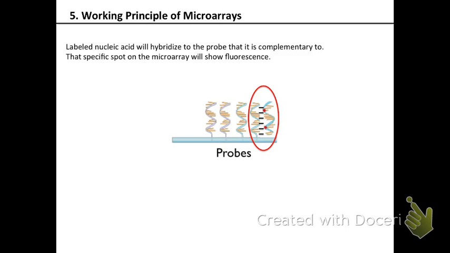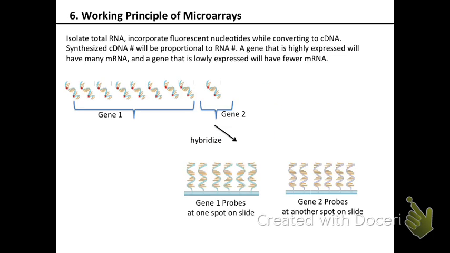So that's if you were to look at one RNA at a time. But we don't do this. We take all the RNA and look at their expression at the same time. And so what you're doing here is you isolate the RNA from your sample, and then you incorporate fluorescent nucleotides while converting it to cDNA.